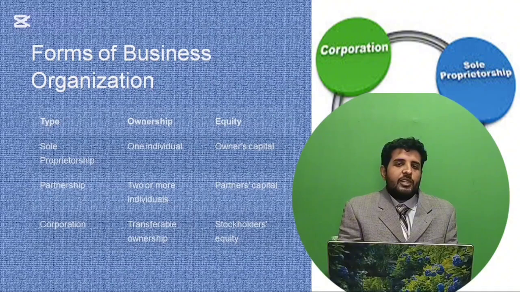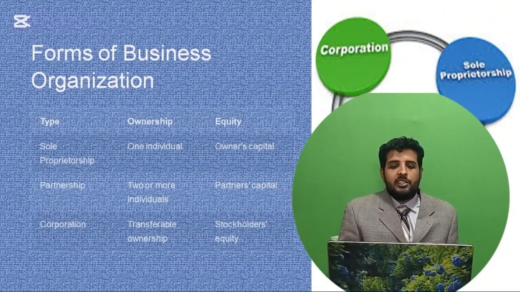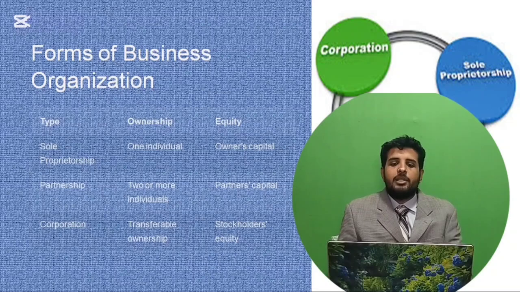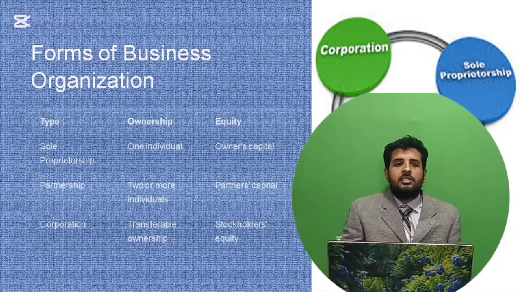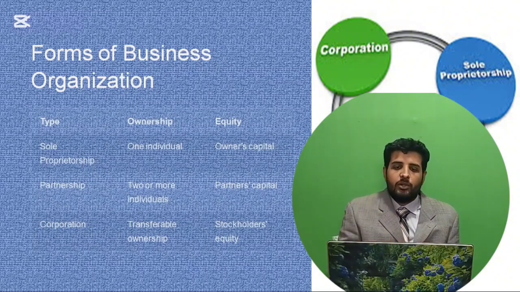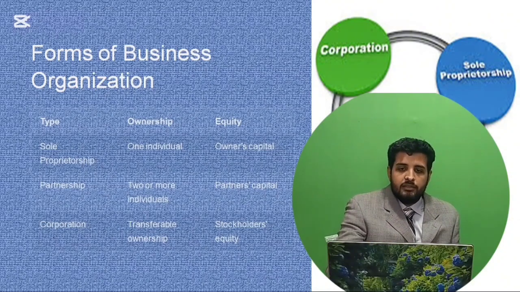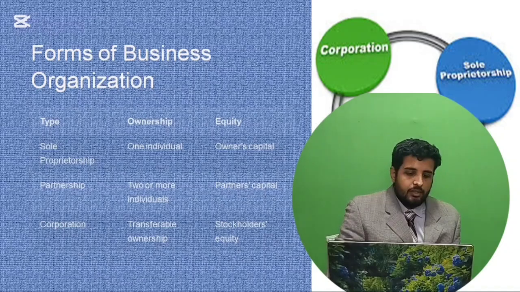And then finally we have the corporation. In a corporation, the ownership is represented by shares, and there are multiple shareholders, and the liability of these shareholders is limited to how much share they own.